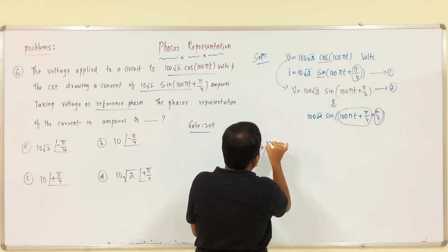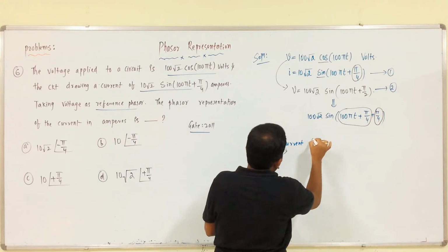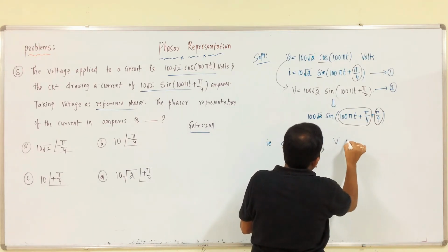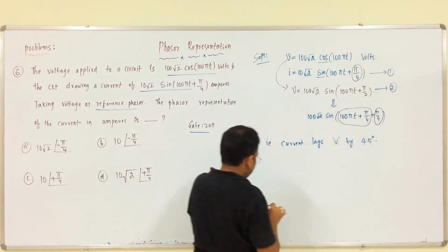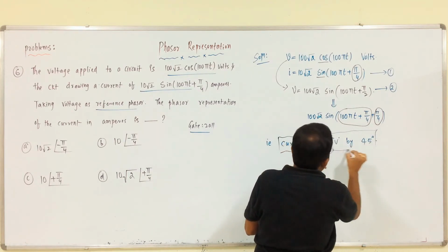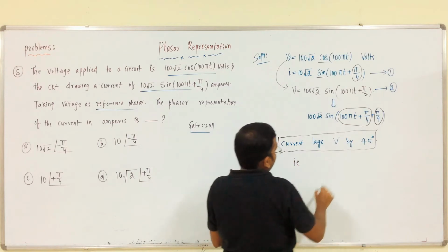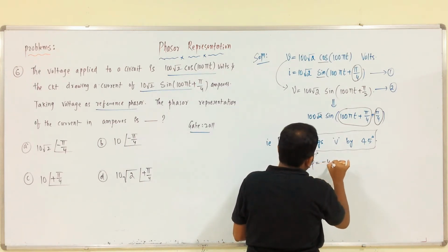That is, current lags V by how many degrees? 45 degrees. Current lags V by 45 degrees, so you have to say minus, that is, phi is equal to minus 45.